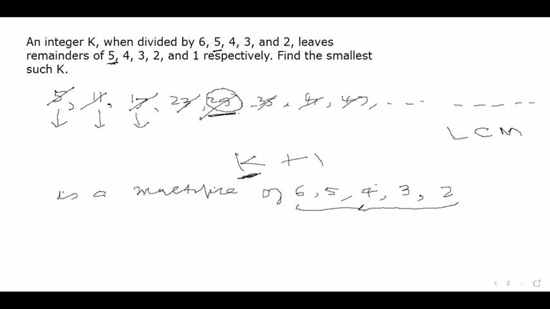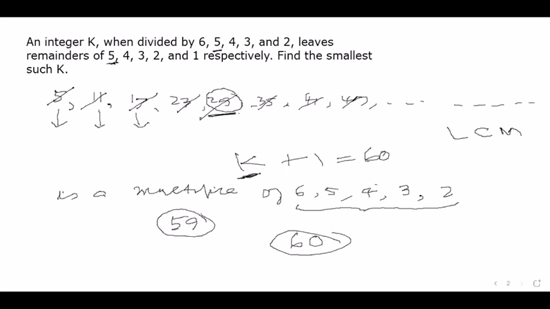So you're looking for the LCM of these numbers, and you can use your school mathematics to see that the LCM is 60. So the smallest value of k, which will make all these things true, is 60, but the number you're looking for, k plus 1, is 60. So the number we're looking for is 59.